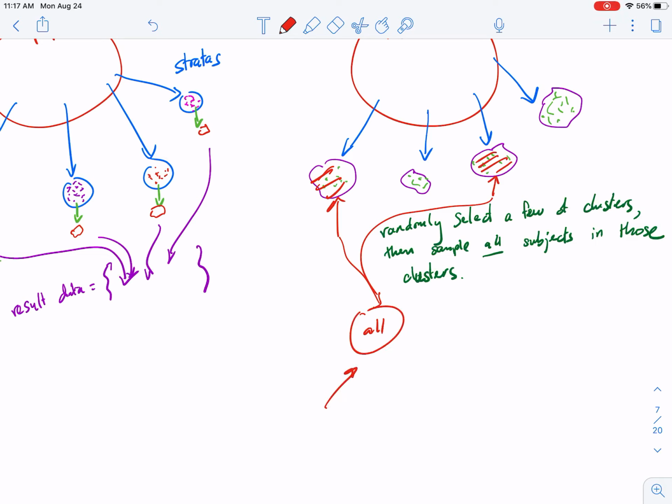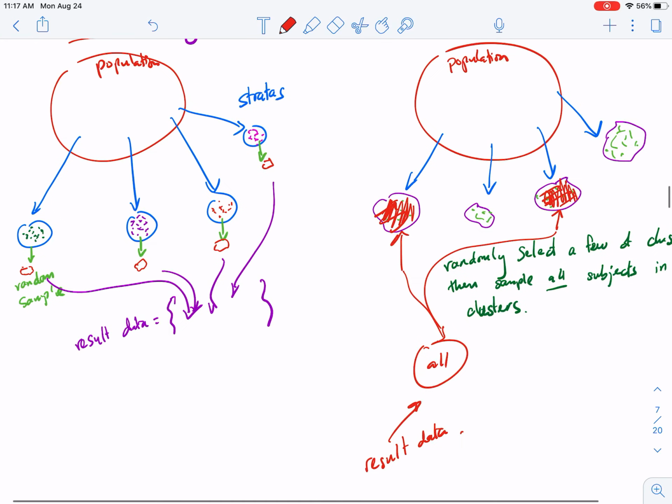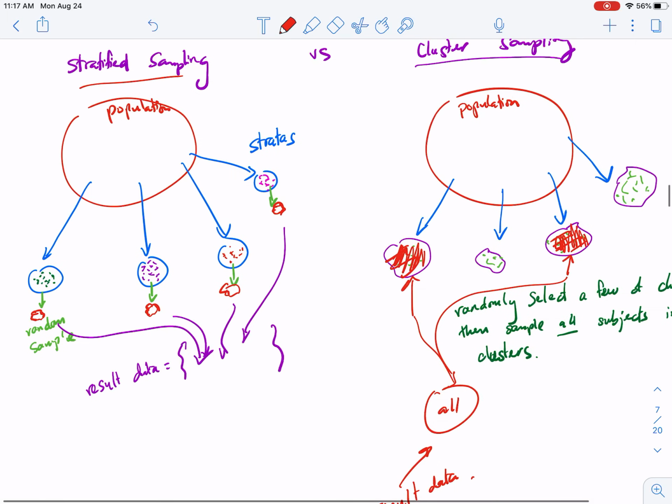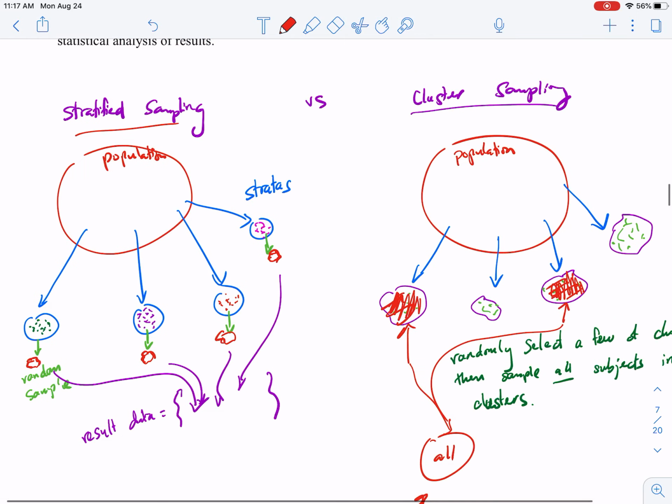That will be the resulting data. So we sample every single subject from the randomly selected clusters, and the result consists of all these guys here. Whereas with stratified, after we divide into strata, we pick a few subjects from each stratum and use those as the data collected. So that's the difference between cluster and stratified.